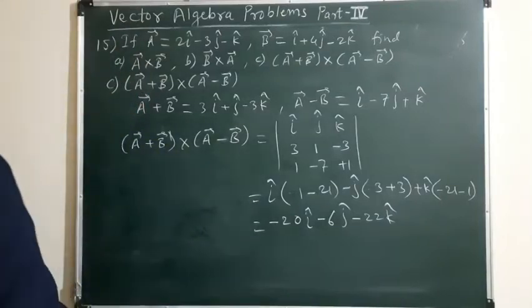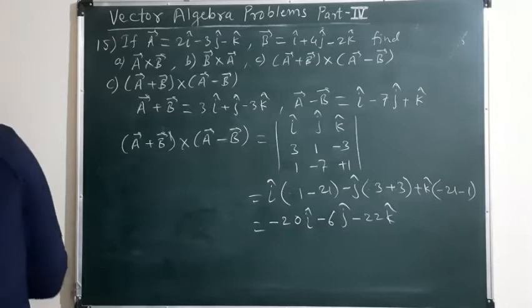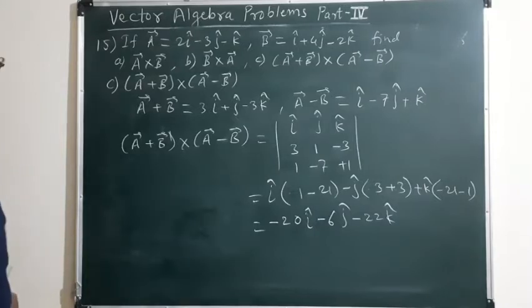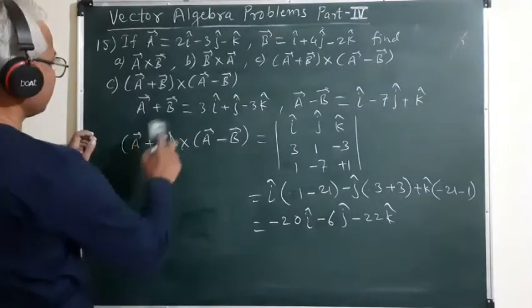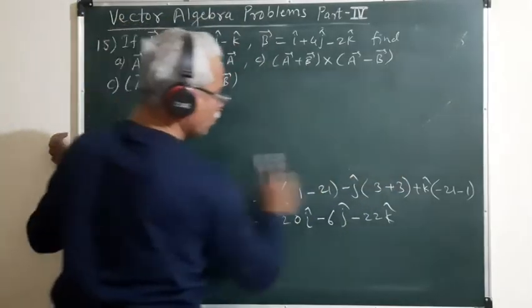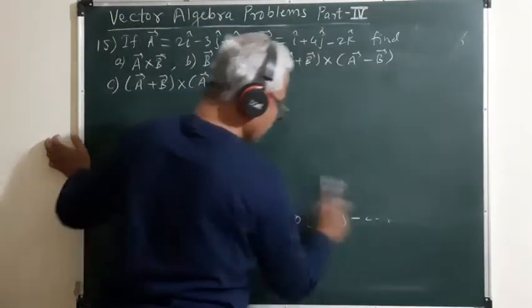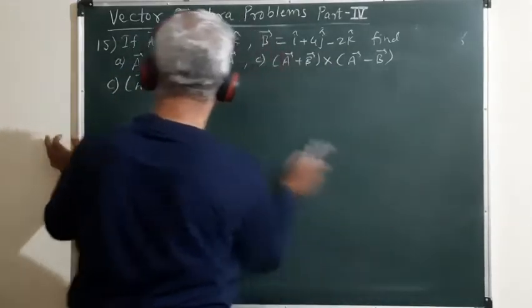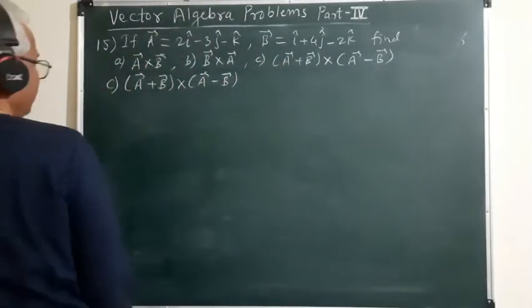So this is the cross product of a bar plus b bar and a bar minus b bar. This again can also be proved by another method. So let us see the alternative method to evaluate the cross product of a bar plus b bar and a bar minus b bar.